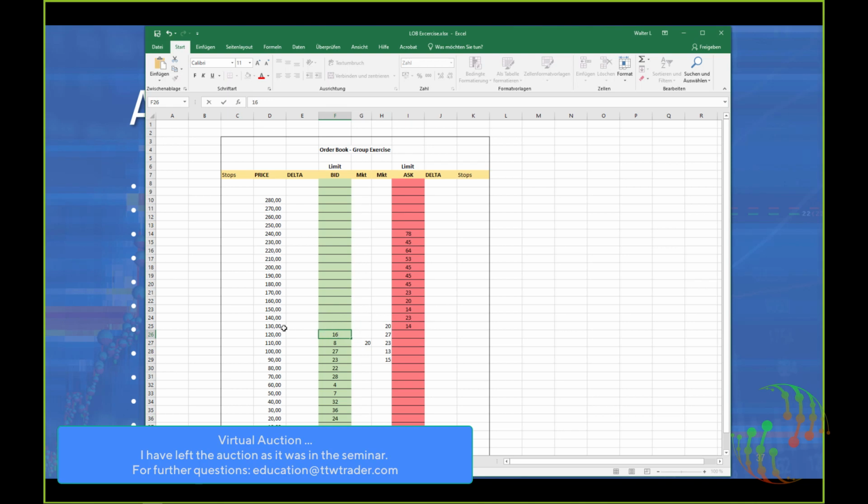I'm offering 14 at 130 and 16 at 120. No? Last call. Would you like to trade this one? Sell 10 at 120. Come on. Bart was the first one, that means we have 10 and 6. Angelic was the second one. That means we traded 6 and 10 here.